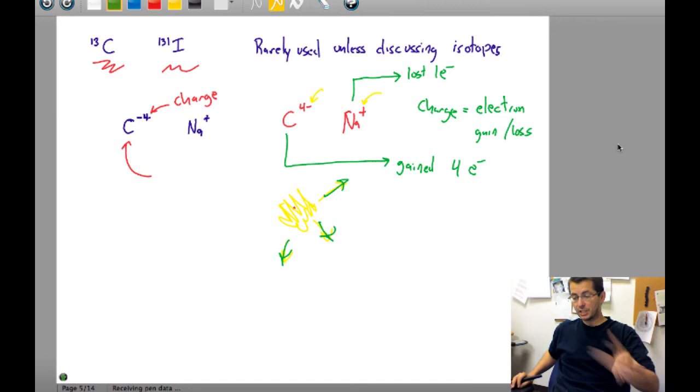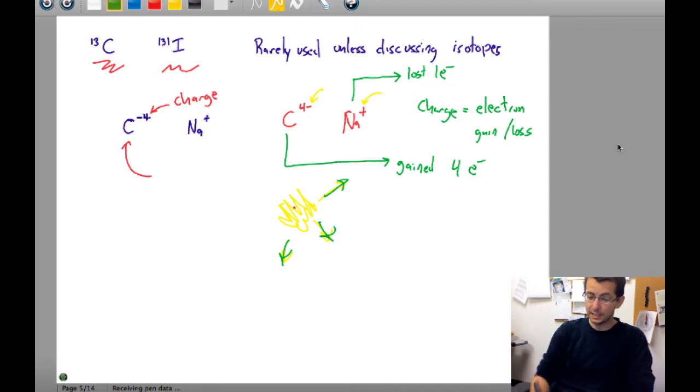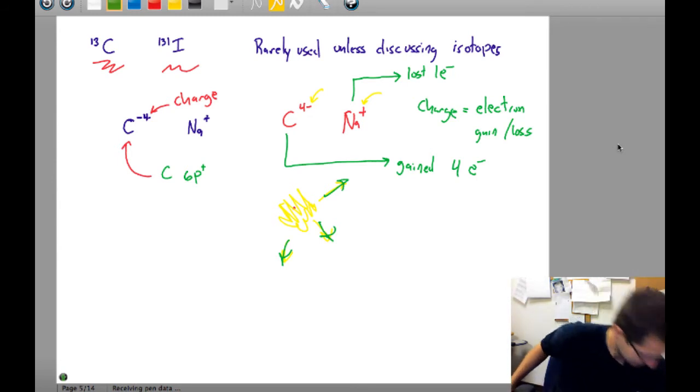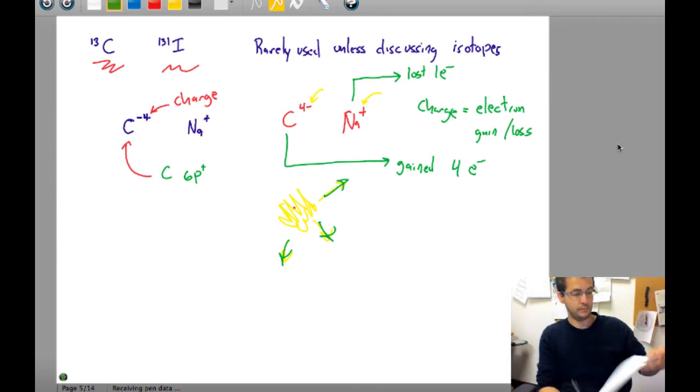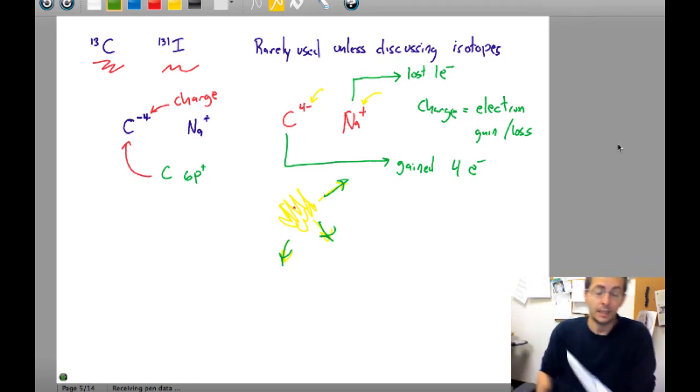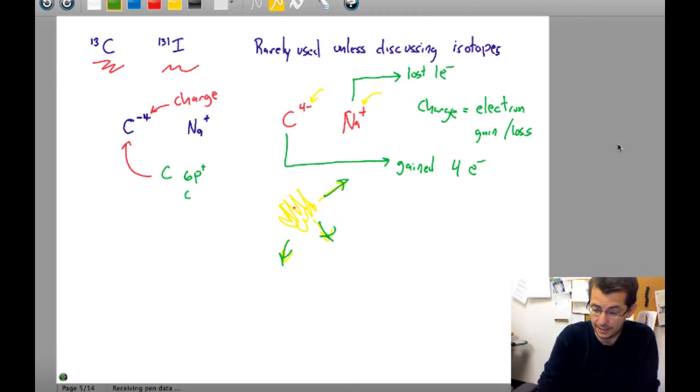If you take away a bunch of electrons, you take away a bunch of negative charge, leaving behind a bunch of positive charges. So we can look at this chemical symbol and see that the carbon, which had 6 protons to begin with, which I was able to get from the periodic table based upon the atomic number, has gained 4 electrons, and so we could say that this thing now has 10 electrons.